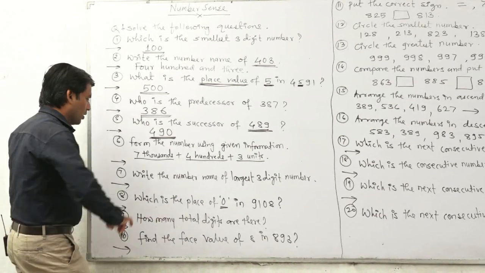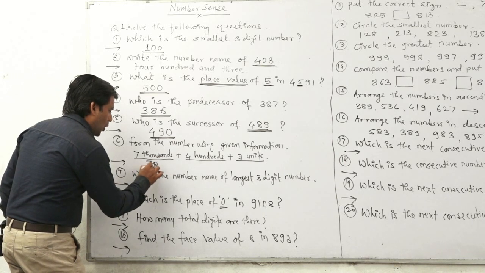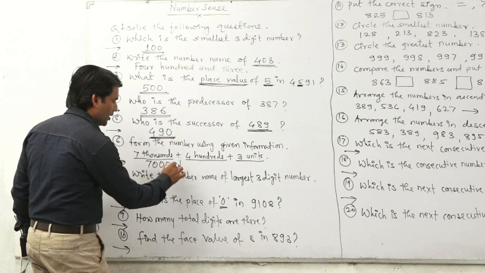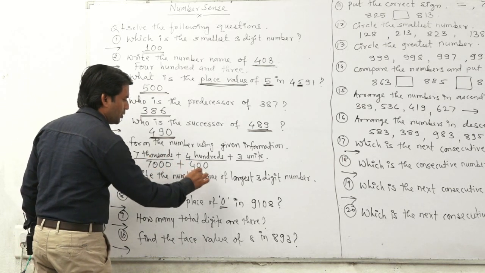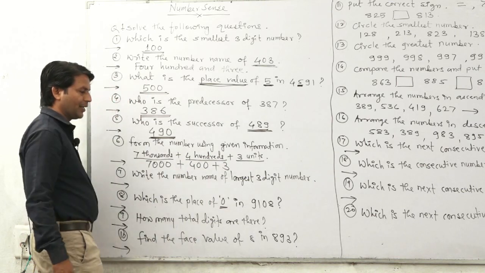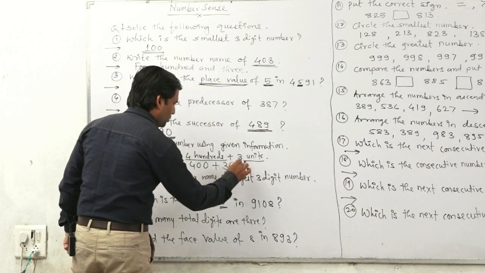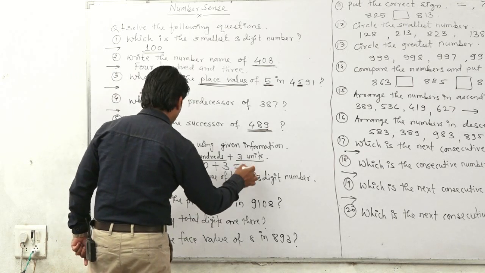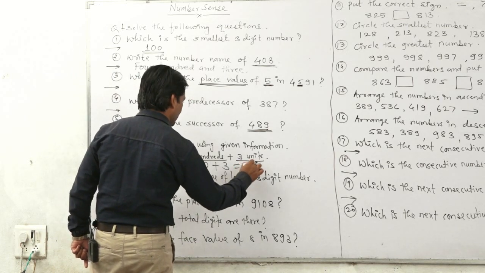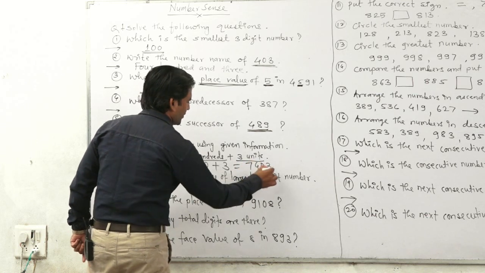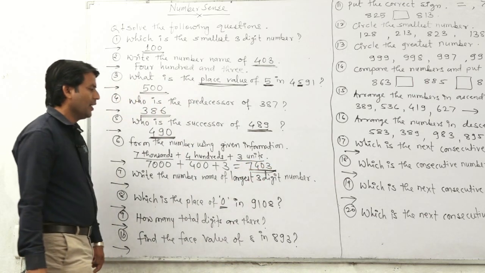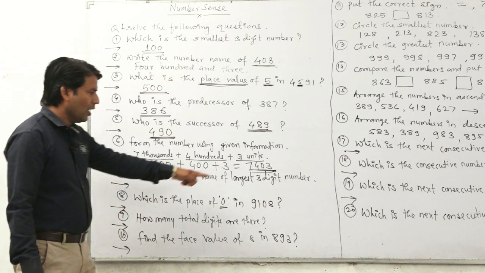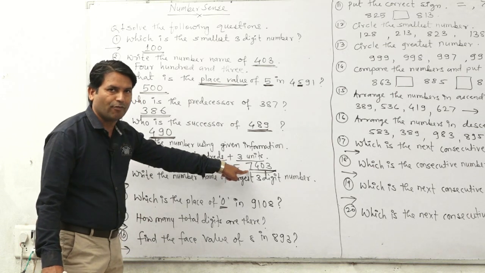So 7,000 means 7000 plus 400 means 400 plus 3 units means only 3. So we have to add these numbers. So we will get the answer 7,403. This will be your answer. Like this we can form the numbers.